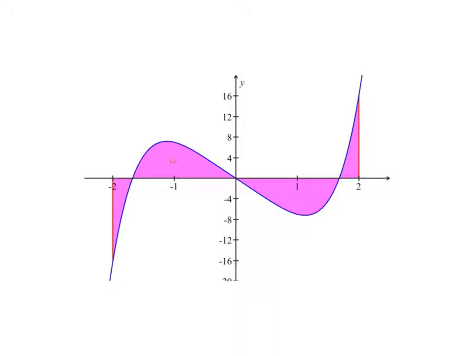For example, this area and this area are the same, but because those regions are on opposite sides of the axis, while they have the same area, their definite integrals are not the same. They're opposite signs. Same magnitude, but opposite signs.